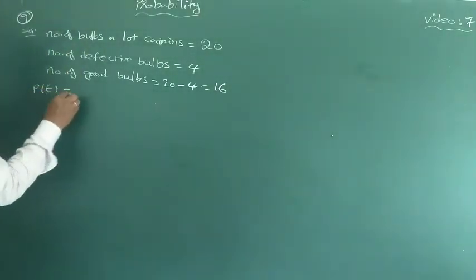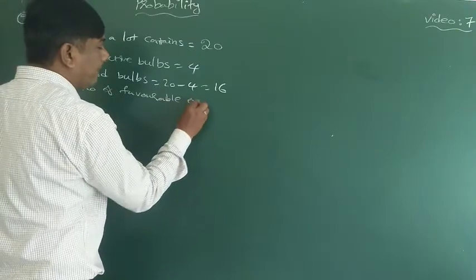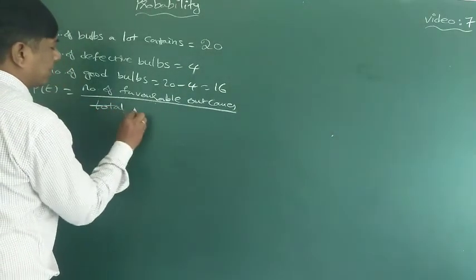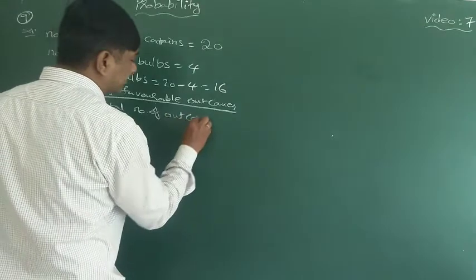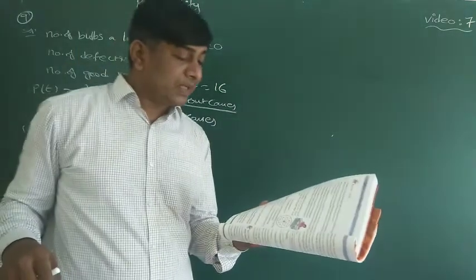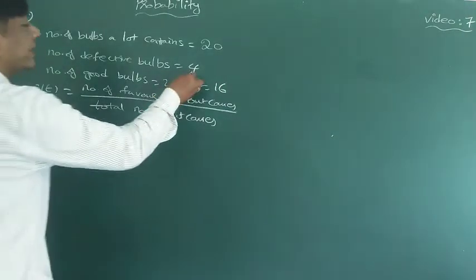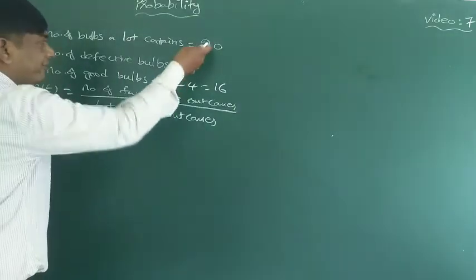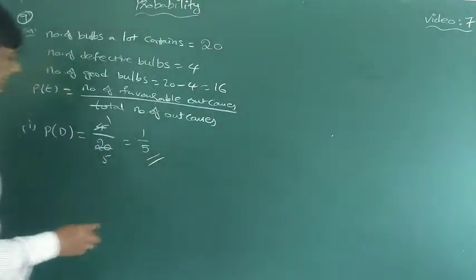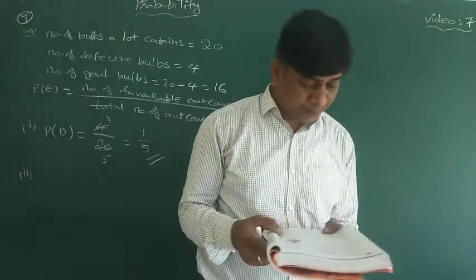So the probability of an event is equal to the number of favorable outcomes by the total number of outcomes. 4 ones are 4, 4 fives are 20. That is equal to 1 by 5.